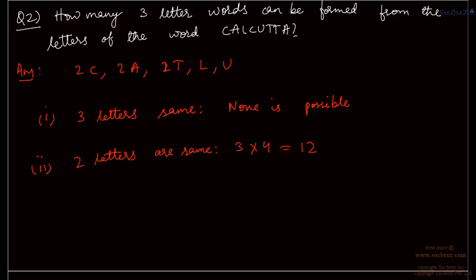But we can permute these letters, right? Because these are just the selections. We can permute each selection. Now in each word we see that 2 letters are same, whereas one is different.